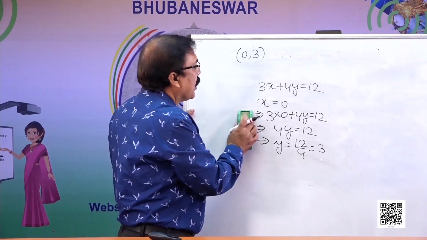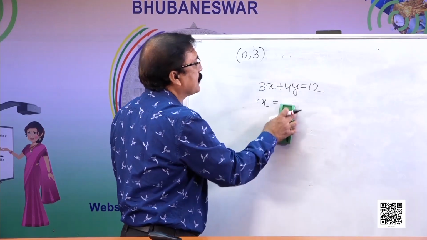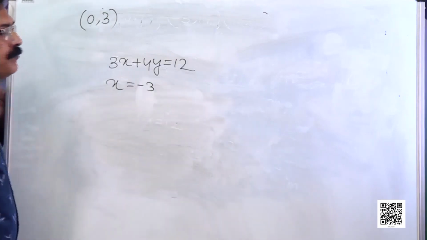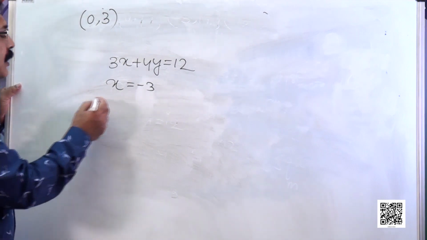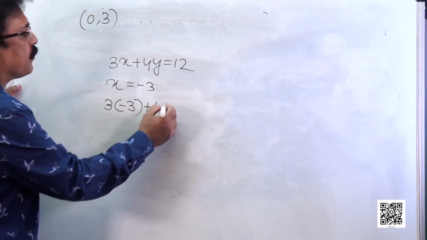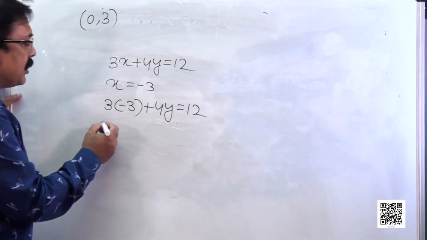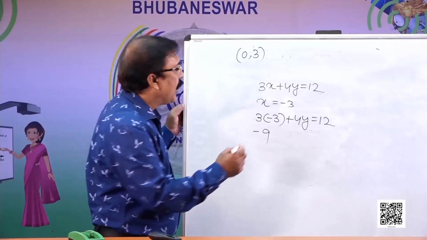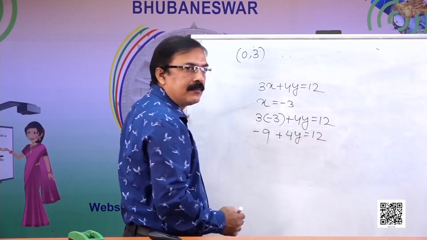Now take another value of x, say minus 3. If we put the value of x as minus 3, what happens? Let's see. 3 into minus 3 plus 4y is equal to 12. This is minus 9. 3 into minus 3 gives minus 9 plus 4y is equal to 12.